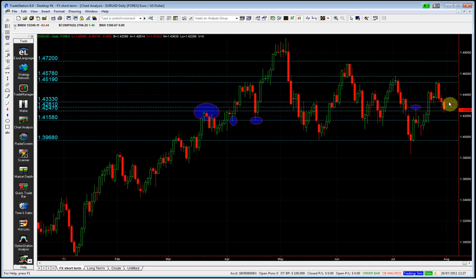It's right through the middle of it, and we held the 143.33 quite well for a period of 4 or 5 days, and over the last couple of days it's given way.